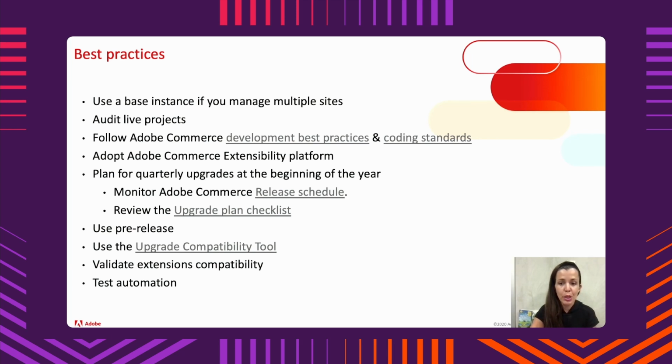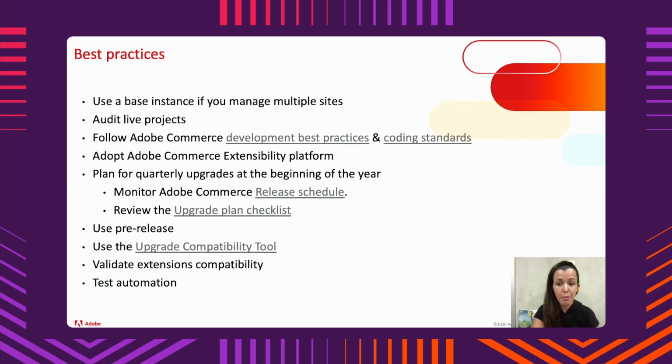You will need to book a budget and resources to complete each upgrade. Remember, the upgrade effort might vary from project to project, so you should use your experience and knowledge to define the budget that you need for each upgrade and in general for the year.